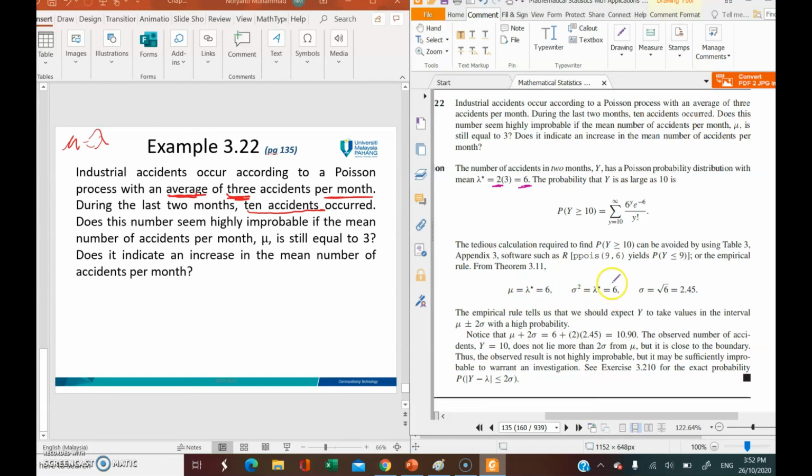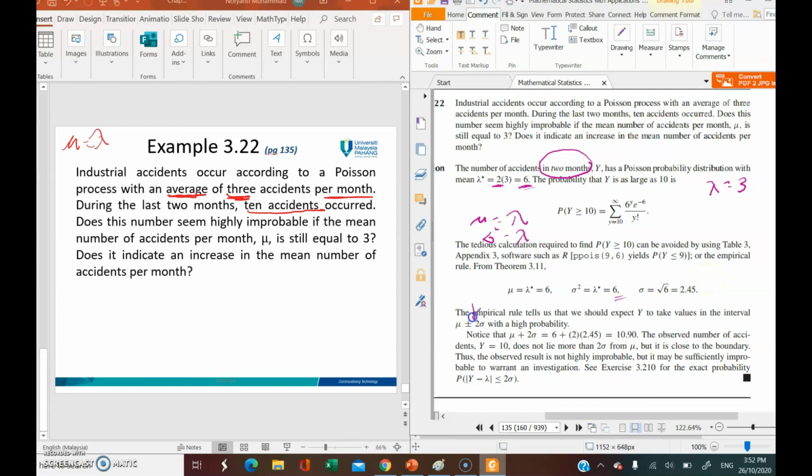Because remember, your mu equals lambda, and your variance is also equal to lambda. Before this, for 1 month you have lambda equal to 3, but this y is for 2 months, so you get 6. That's why your variance also equals 6. So for standard deviation, you get 2.45.